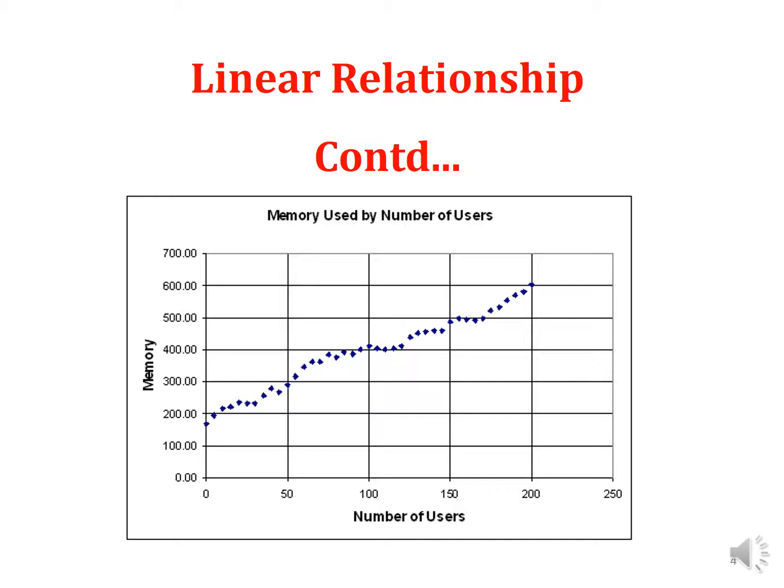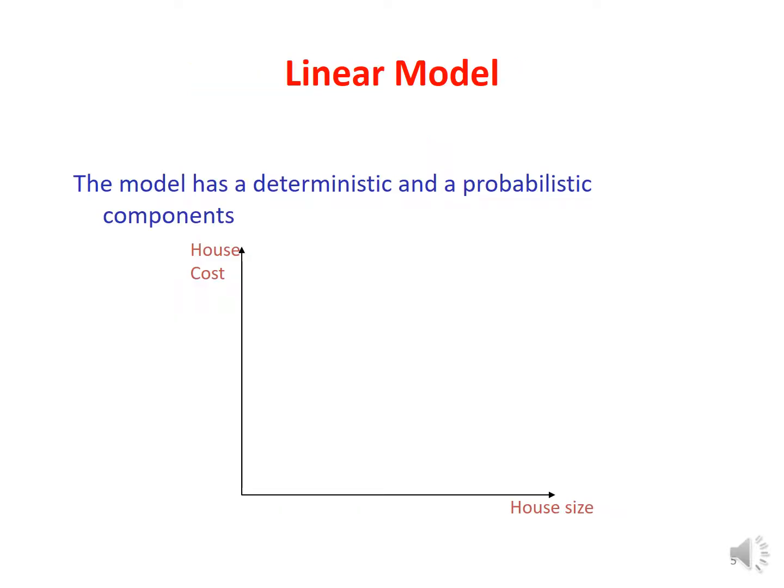As the number of users increases, the memory allocated will keep on increasing. So you can assume that there is a linear relationship between the number of users and the memory allocated by the system. These two situations, or many similar situations, can be modeled by what is known as a linear model.